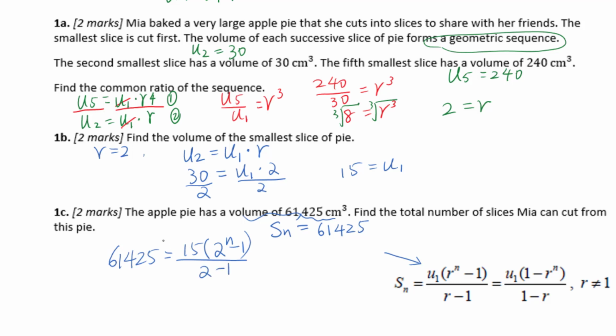We will use equation solver to solve this equation. Get it to equal 0 form. 0 equals 15 times 2 to the nth power minus 1, since 2 minus 1 is 1, minus 61,425.